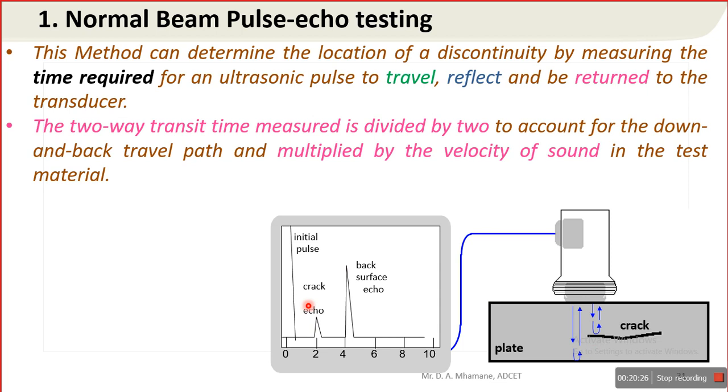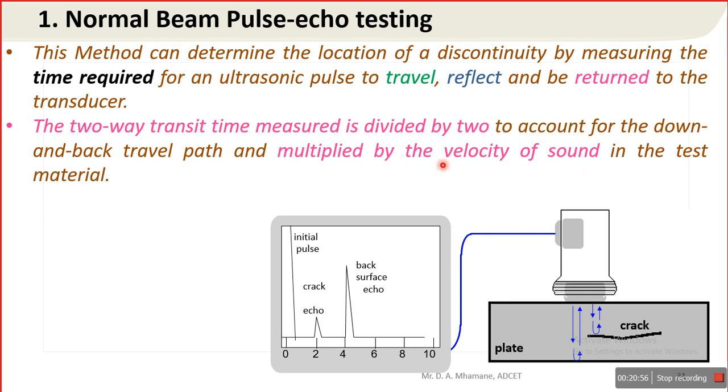So the two-way transit time measured is divided by 2. How can it be measured? It is given in the sentence. The two-way transit time measured is divided by 2 because of two-way transmission, to account for the down and back travel path, and multiplied by the velocity of sound. Why multiply by the velocity of sound?